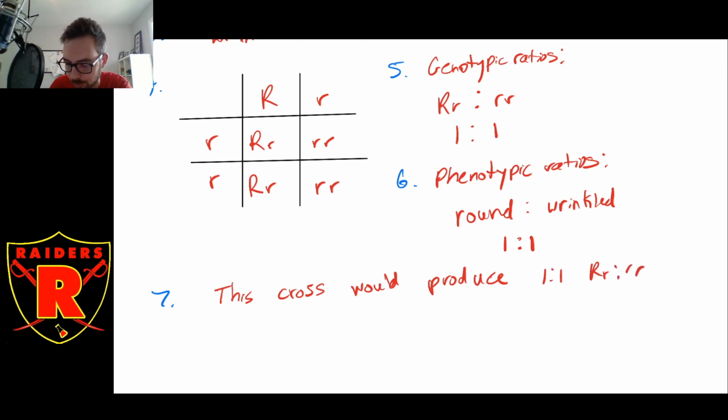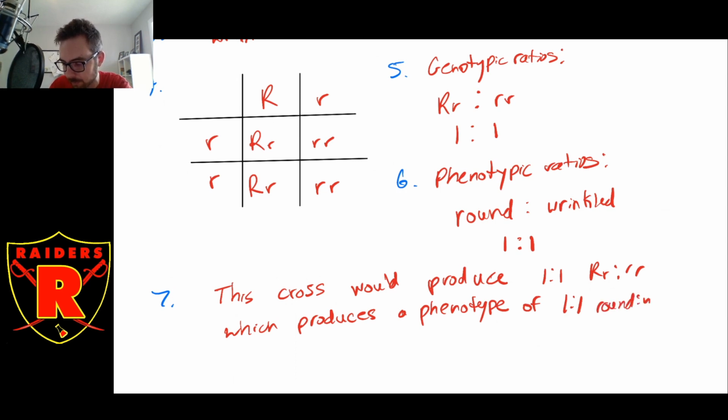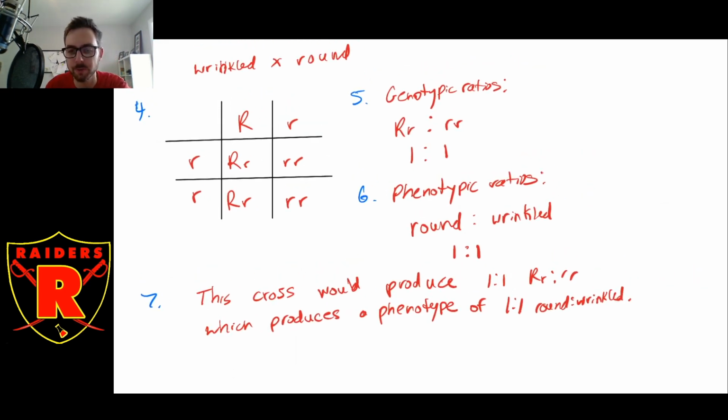Those would be the genotypic ratios. Which produces a phenotype of 1-to-1 round to wrinkled. So it's going to be 1-to-1, or 50% round and 50% wrinkled.